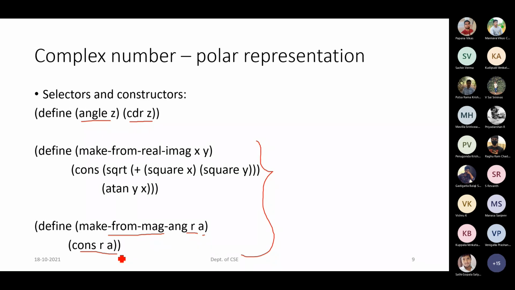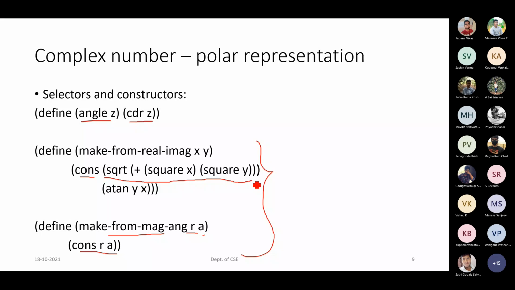Since the operations worked on the real and imaginary form, when it has to be constructed back we have to construct it as the magnitude and the angle. So how do we construct it? We make use of cons. For this cons, the first value will be nothing but the magnitude.